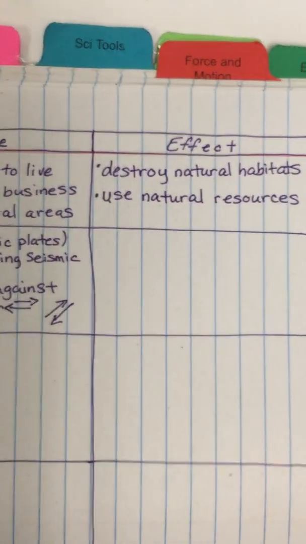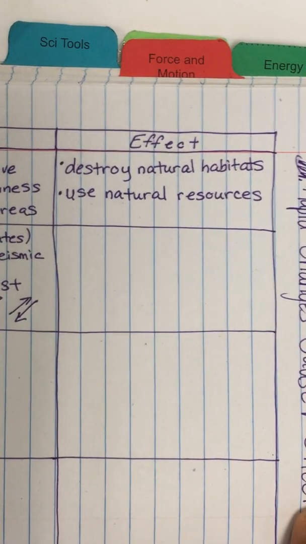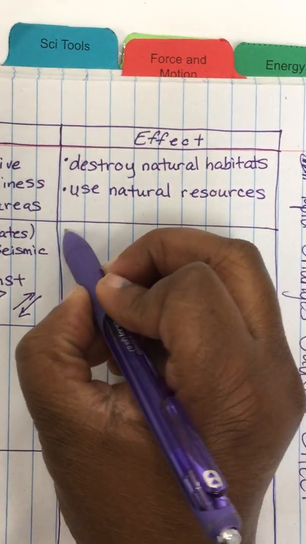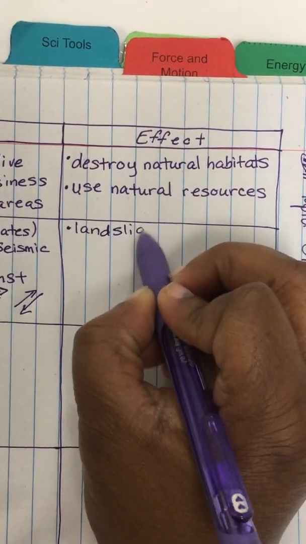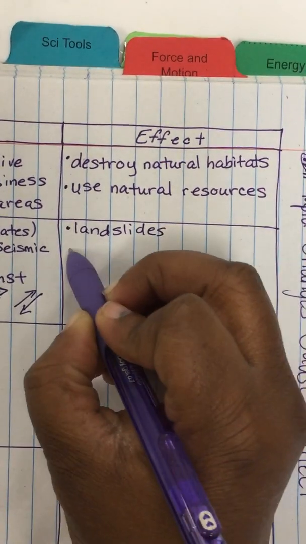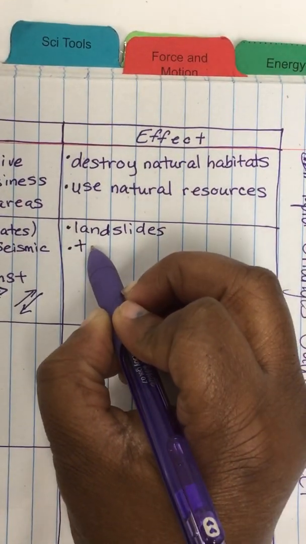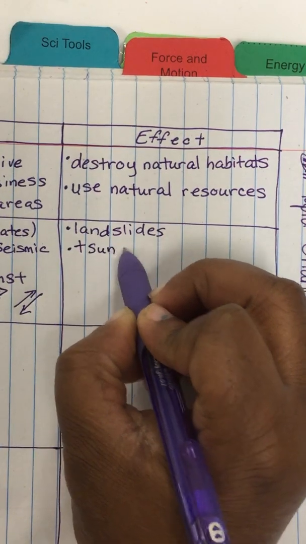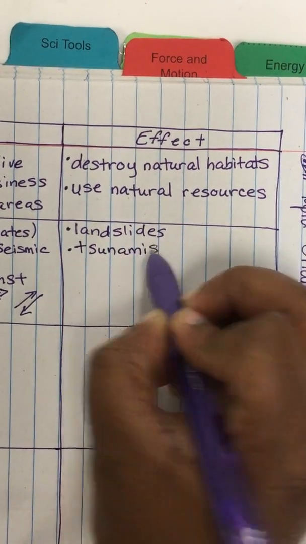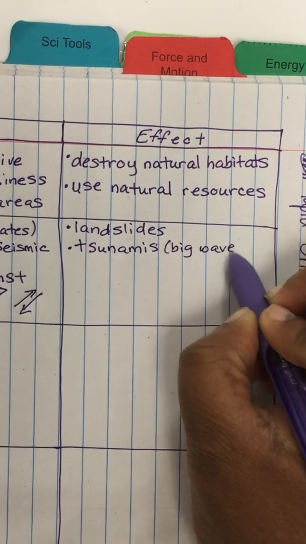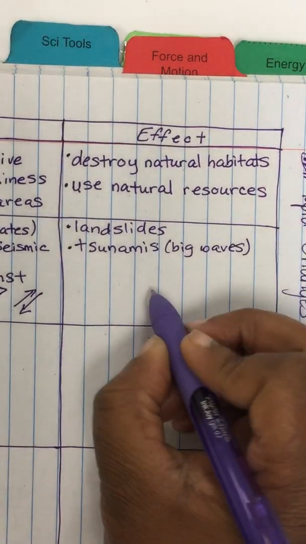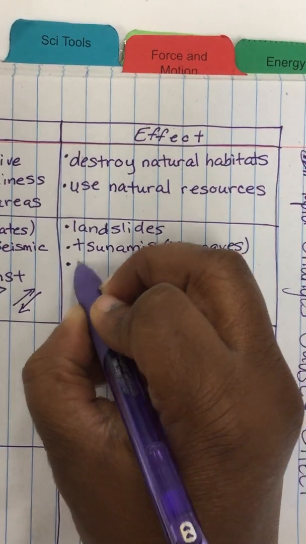Some of the effects of earthquakes. We can have landslides, which we'll talk about later. Tsunamis, which are just big waves. Fires can start if a gas line breaks.